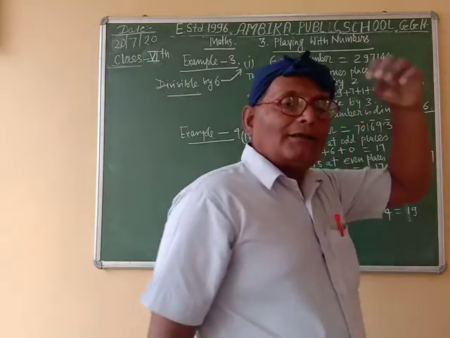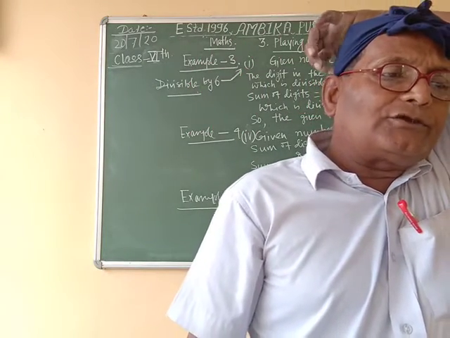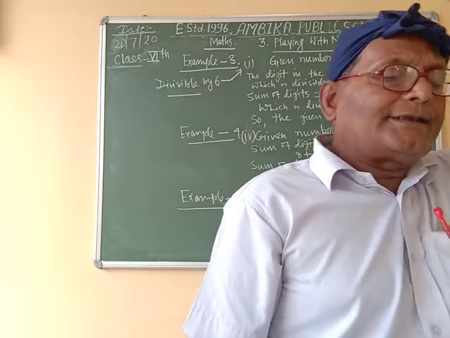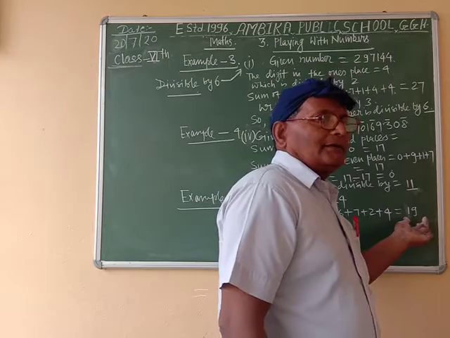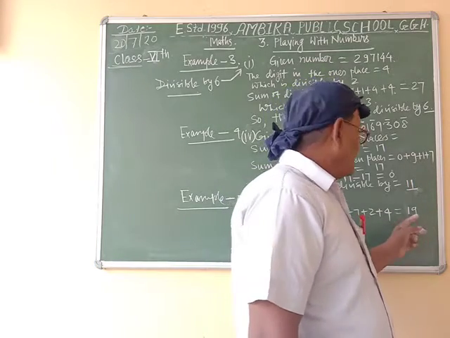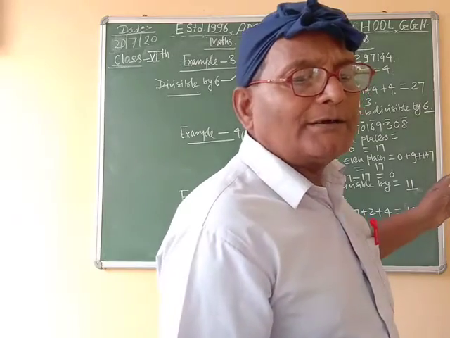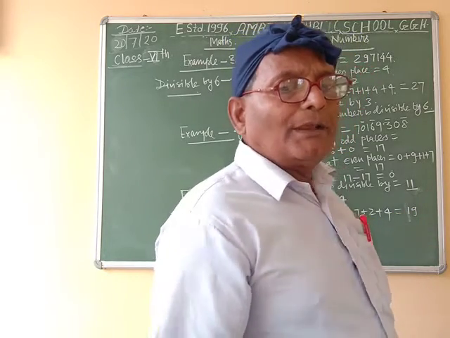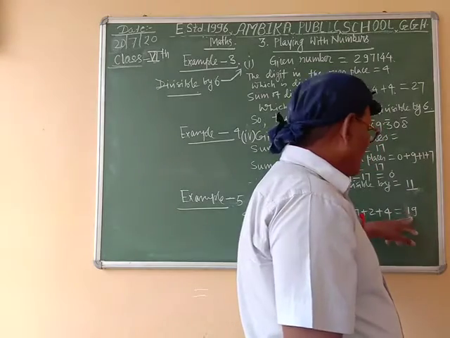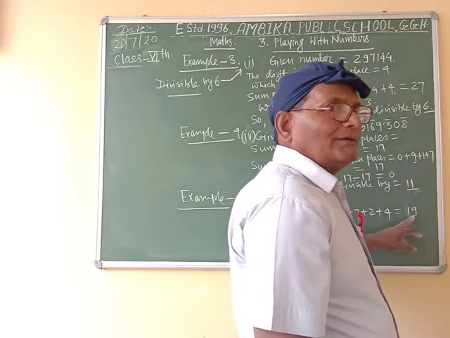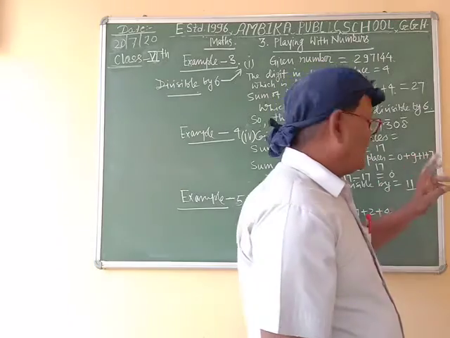The sum of all given digits is equal to 19. Since if we add 2 to 19, we get 21, which is divisible by 3, so the whole number is divisible by 3.